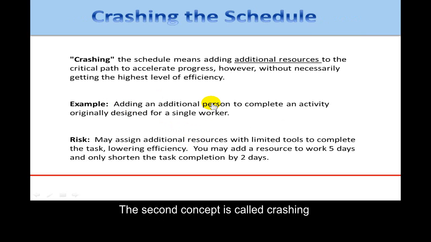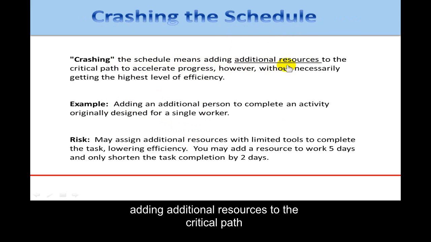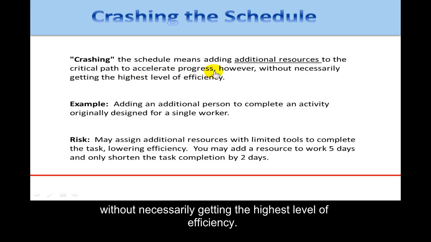The second concept is called crashing the schedule. Crashing the schedule means adding additional resources to the critical path to accelerate progress. However, without necessarily getting the highest level of efficiency.